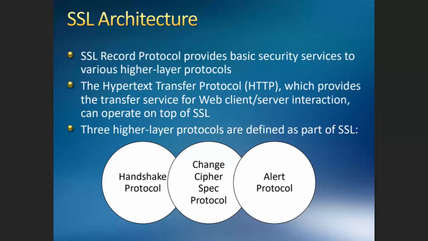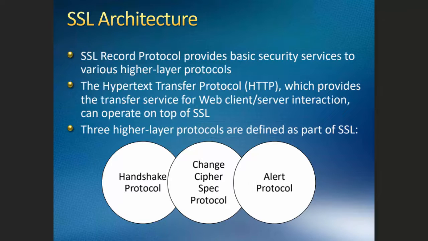SSL architecture. SSL record protocol provides basic security services to various higher level protocols, such as HTTP. We have three higher level protocols defined as part of SSL: handshake, change cipher spec protocol, and alert protocol. These are all part of SSL.